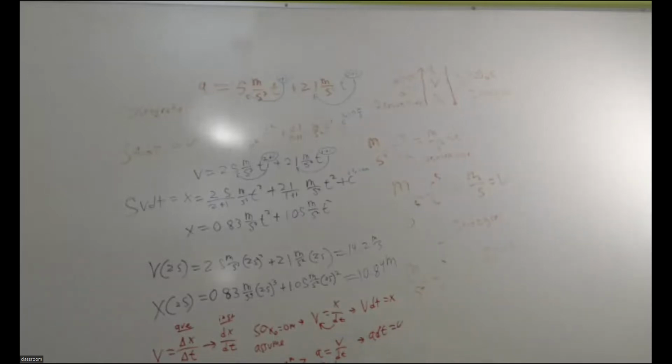And then you add the integral sign so you can get rid of the dt. Cool. So this here is the derivative form, and this here is the integral form.